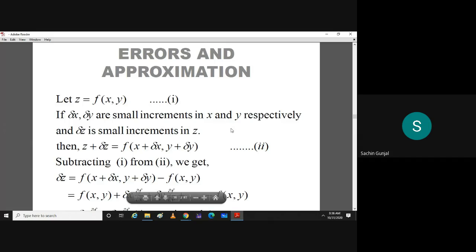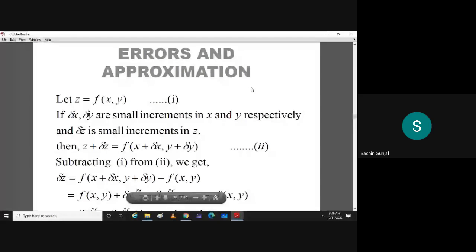To determine whether they are functionally dependent or not, we find the Jacobian with respect to x, y, and if it is 0, then they are dependent. If it is non-zero, then they are independent. Moving ahead in application of partial differentiation, the next concept is errors and approximation using partial derivatives.